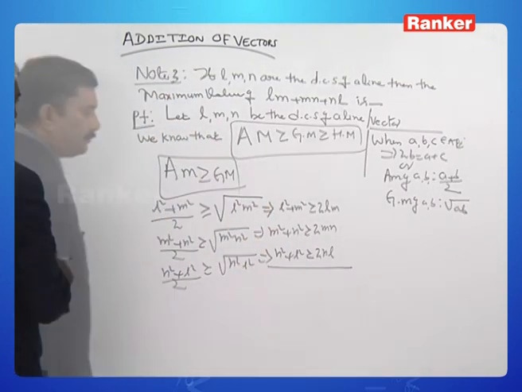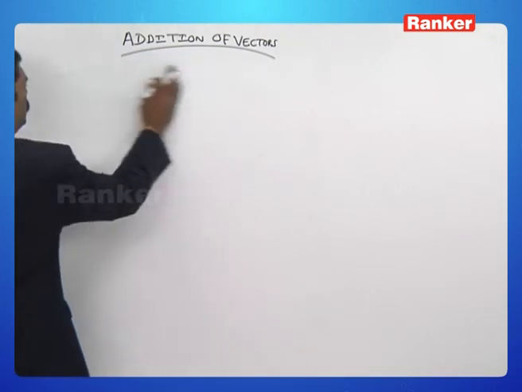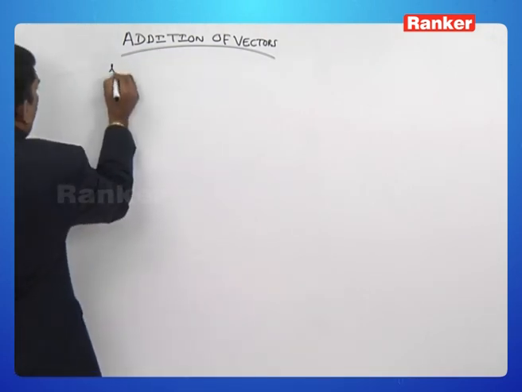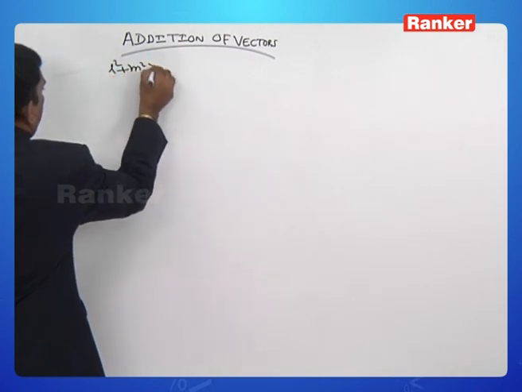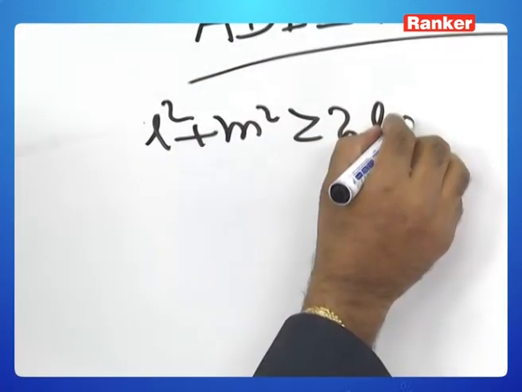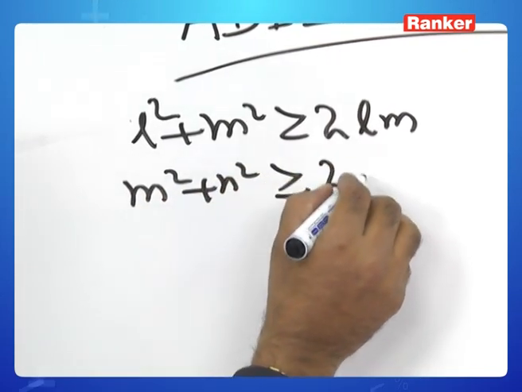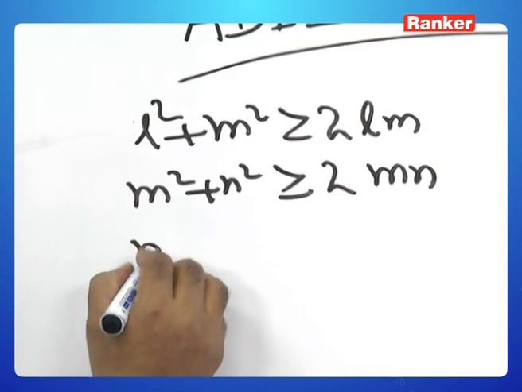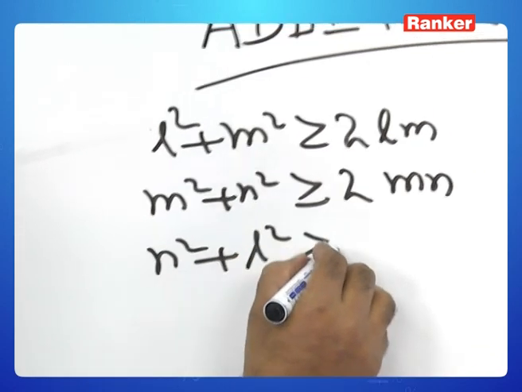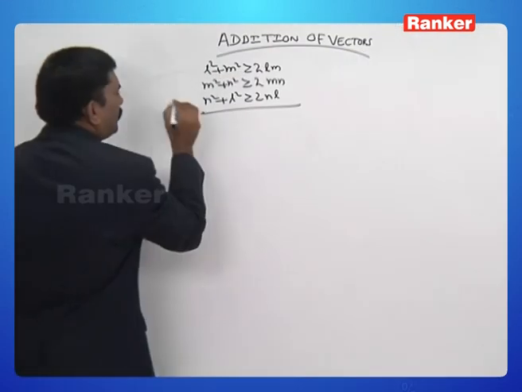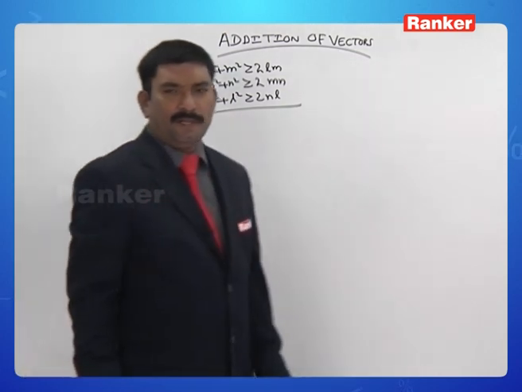Add up. As you know already, L square plus M square is at least 2LM, M square plus N square is at least 2MN, N square plus L square is at least 2NL. Add these.